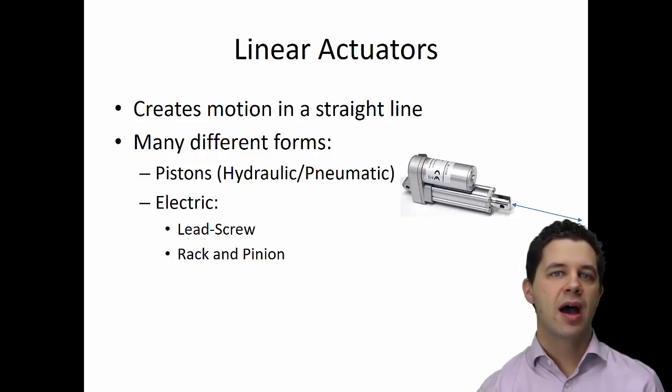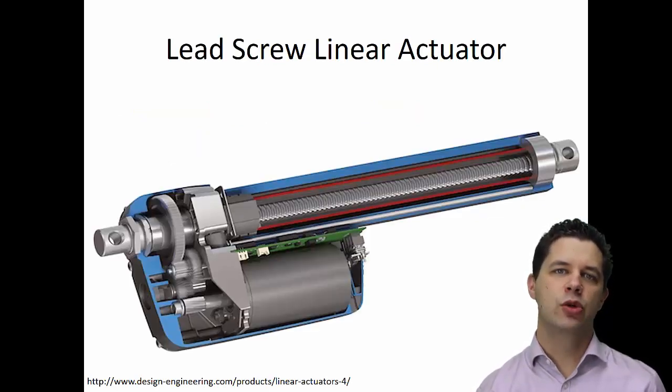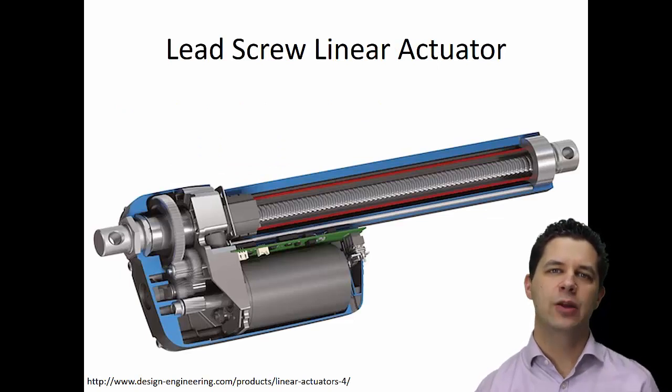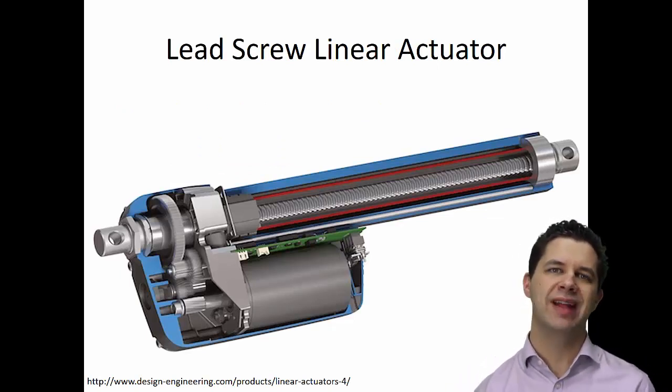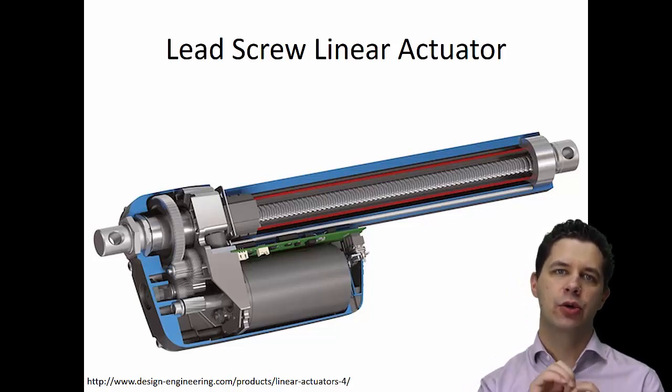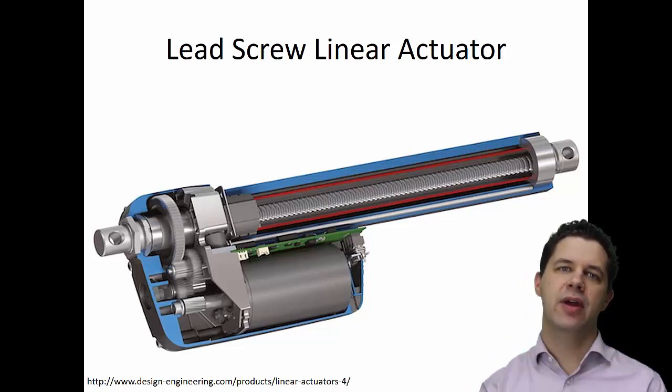The other type are electric-style ones, and we've got a few different styles of them. We've got lead screw ones with a few different configurations of lead screws, and we've got rack and pinion style ones as well. Those lead screw ones, here's an example with a cutaway section of it. You can see a threaded rod or some sort of an Acme thread that goes through the main section of the thread there.